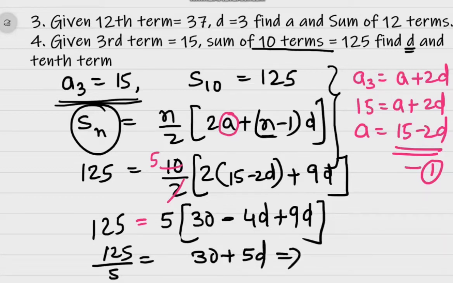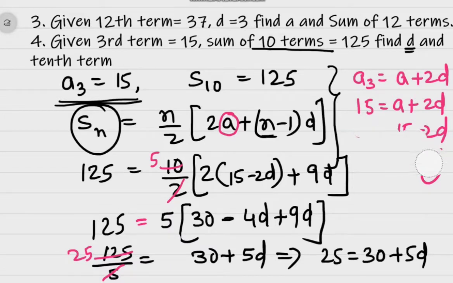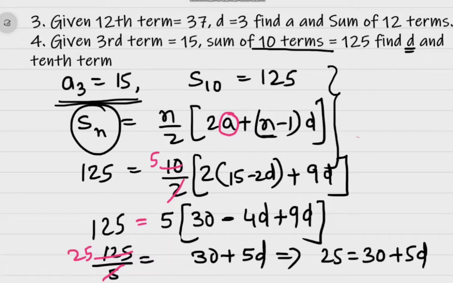Okay, this says that 5 twenty-fives are 125. So here you are getting 25. 25 is equal to 30 plus 5d. And when you take 30 to that side, what will happen? 25 minus 30 will be equal to 5d.